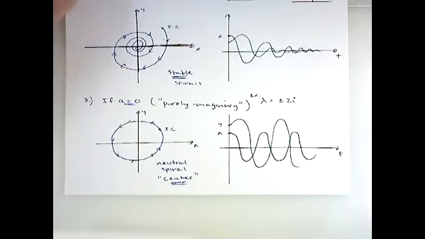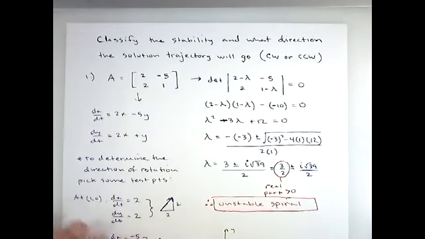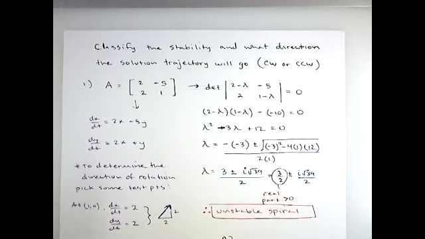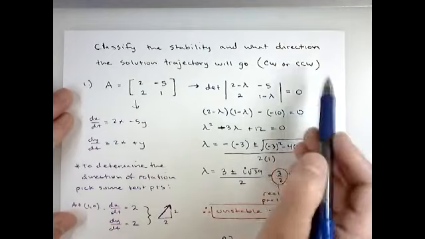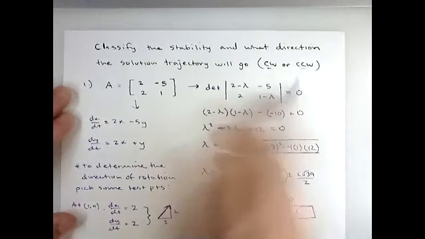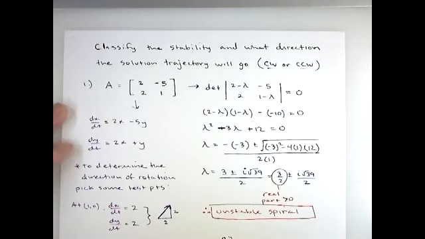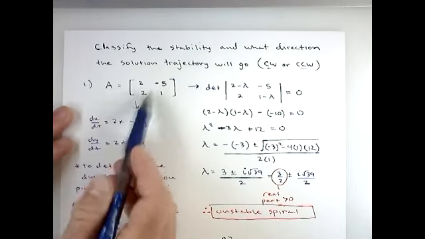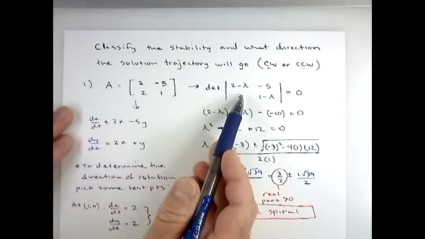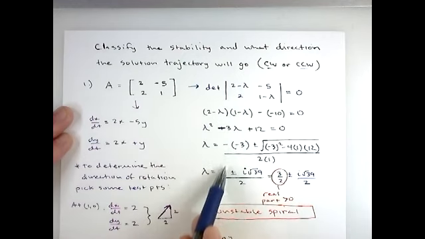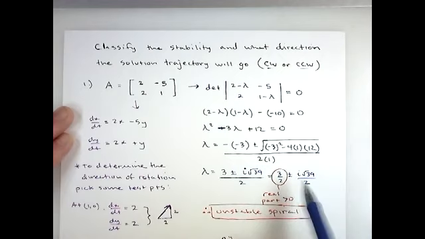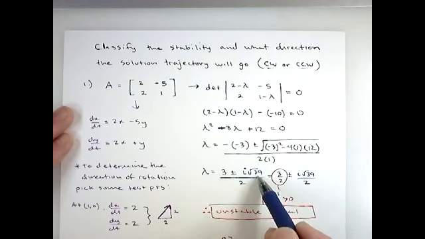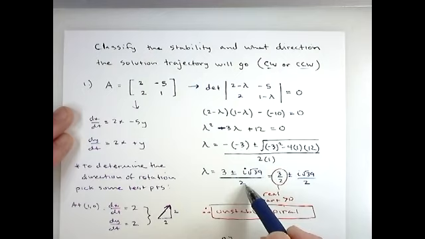So a couple practice problems. Say I want to classify the stability and what direction the solution trajectory will go, meaning will it be clockwise or counterclockwise? Both my examples are going to be spirals. So this matrix here, it's all about the eigenvalues. If you do the math, you'll end up getting 3 plus or minus i root 39 over 2.